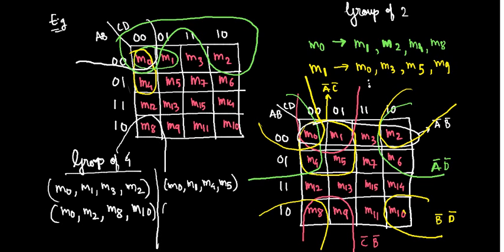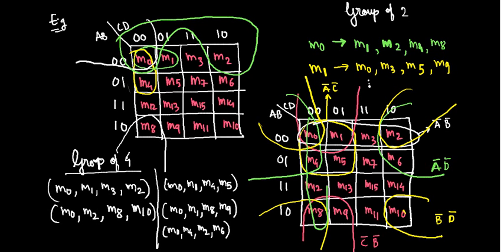Okay, and here, what else? 0, 1, 8, 9. Anything else? That's all. 0, 4, 2, 6. Huh? 0, 4, 12, and yes, there is one more possibility.